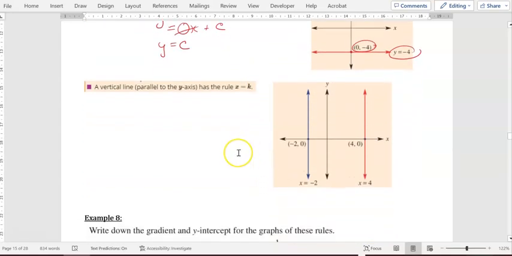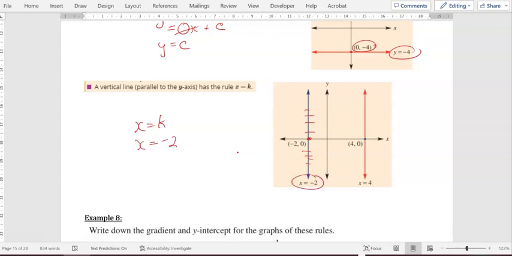When we have a vertical line like this, which is undefined, we're just going to say x is equal to that point on the line where it crosses, because up and down y can be anything. Whether y is 1 or 2 or 3 or 4 or negative something or other, we're going to be right here on negative 2.